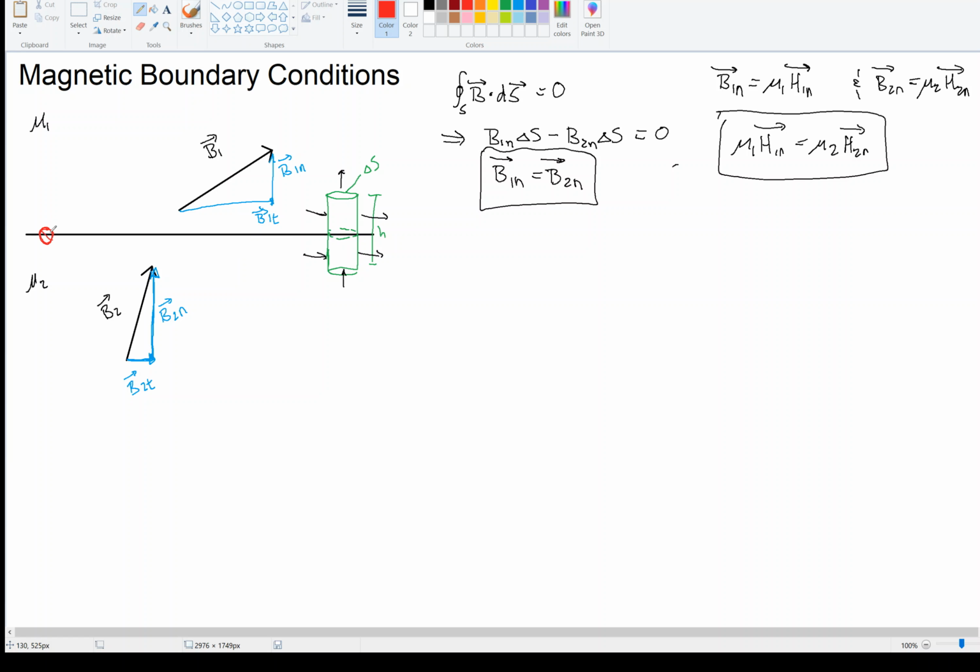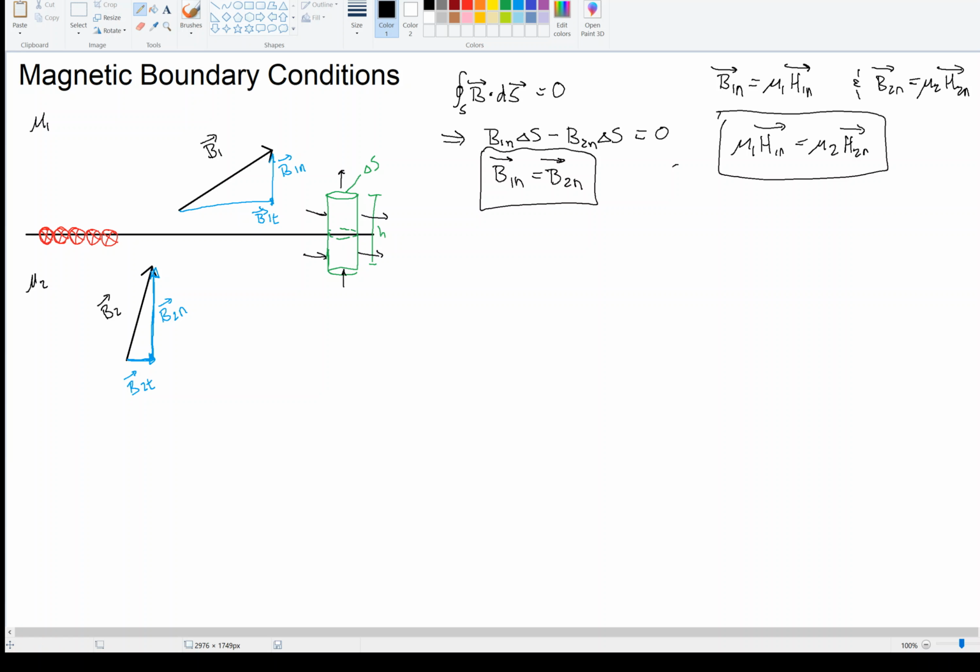Let's say, for the sake of argument, that the current is going into the page, though it could be going out of the page as well, but it's on the interface, so it's either one of those two things. If it was, it would not affect our Gaussian surface, because we didn't have to talk about the charge or the current that our surface contains at all.